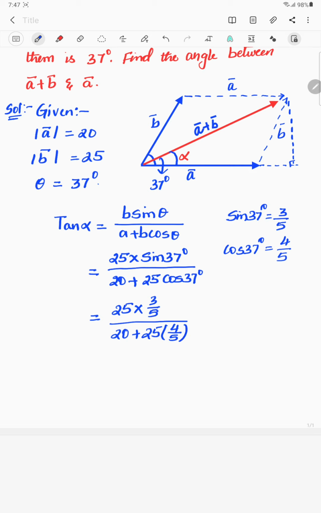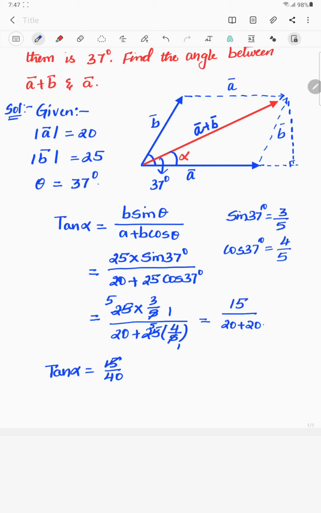Just cancel the terms: 5 ones are 5, 5 fives are 25, and similarly here also. So you will get the output as 5 threes are 15 divided by 20 plus again 20. Therefore tan alpha is equal to 15 upon 40.